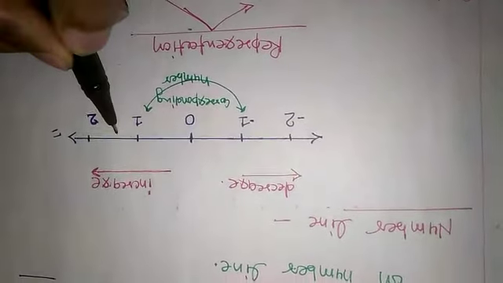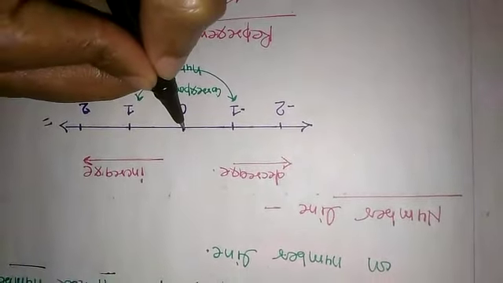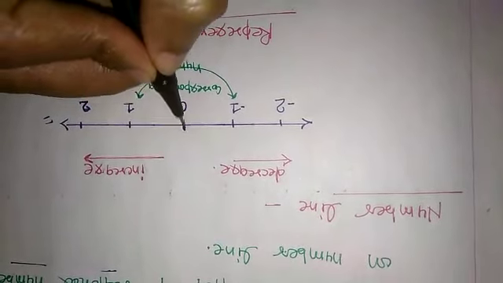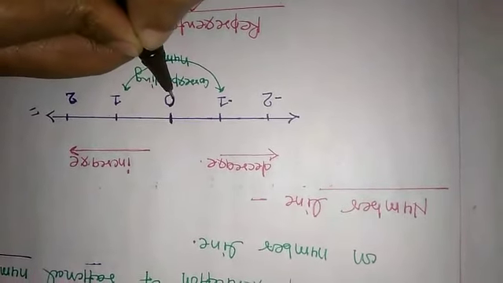And this is a number line and this is the midpoint, starting from 0.